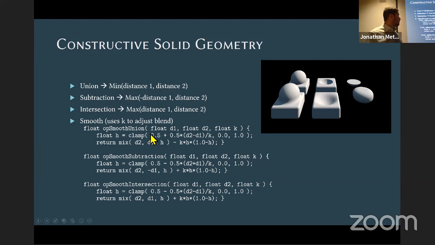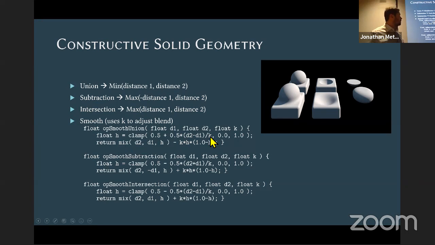So like for union, we're going to use clamp. Clamp is one of those really useful functions, but we say 1/2 plus 1/2 times distance 2 minus distance 1 divided by k is going to be our mixed value.